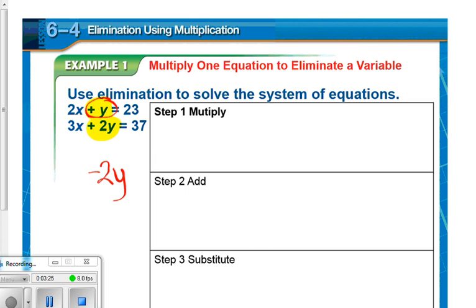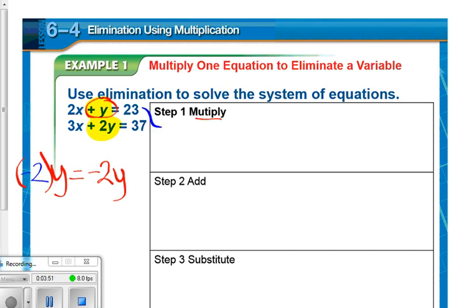So with multiplication, because we're going to multiply, what do I have to multiply times y in order to get negative 2y? Good. Negative 2. Negative 2 times y is negative 2y. But here's the thing. If I multiply this by negative 2, I got to multiply everything by negative 2.